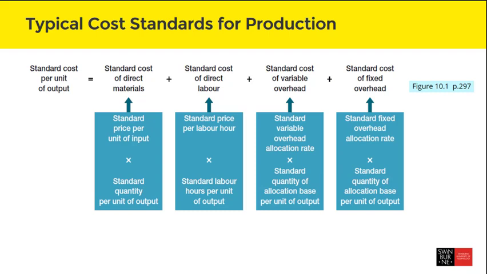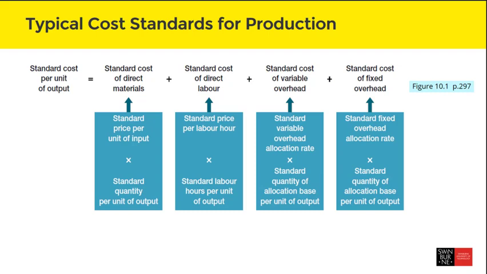So you need to have information about standard price per unit of input and standard quantity per unit of output. The same goes for standard cost of direct labor. You need to include the estimated or standard price per labor hour, and also the quantity, or how long the staff will work to manufacture one unit of output.